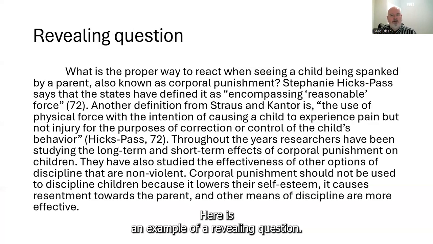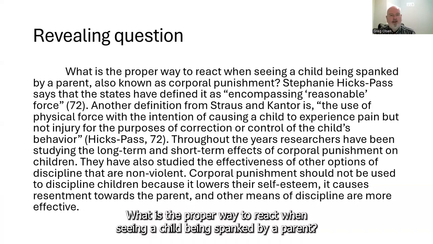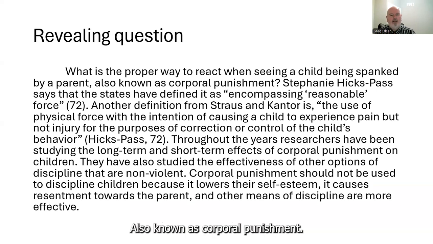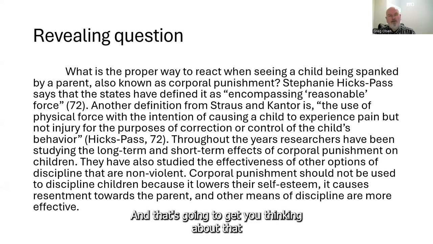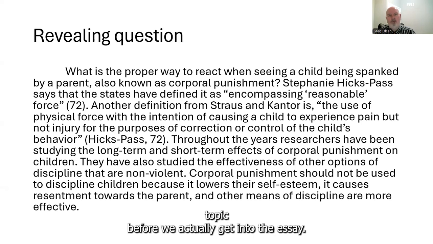Here is an example of a revealing question. What is the proper way to react when seeing a child being spanked by a parent, also known as corporal punishment? So if you see this, what's the right way to react? That's more open-ended, and that's going to get you thinking about that topic before we actually get into the essay.